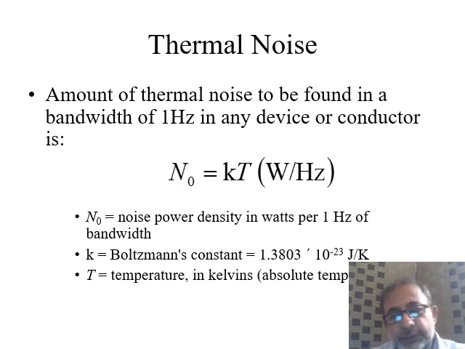To calculate the noise, if the bandwidth of the signal is 1 Hertz, then the thermal noise would be equal to N0 = K into T, where K is the Boltzmann's constant, which is 1.38 into 10 to the power minus 23 joules per degrees Kelvin, T is given in degrees Kelvin temperature, and N naught is the noise power given in watts per 1 hertz.